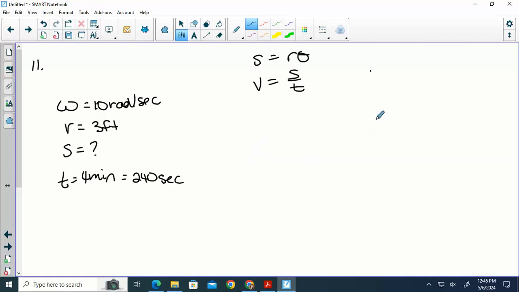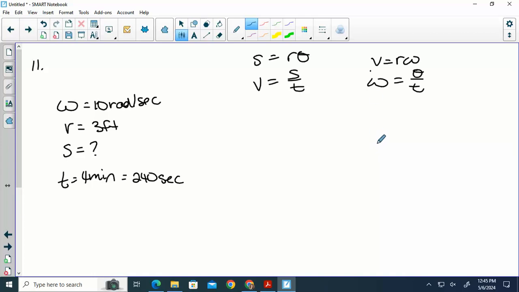We need another formula to get either theta or V. So we can either do V equals R omega, or we can do omega equals theta over T. It's not going to matter. Which one do you want to use?